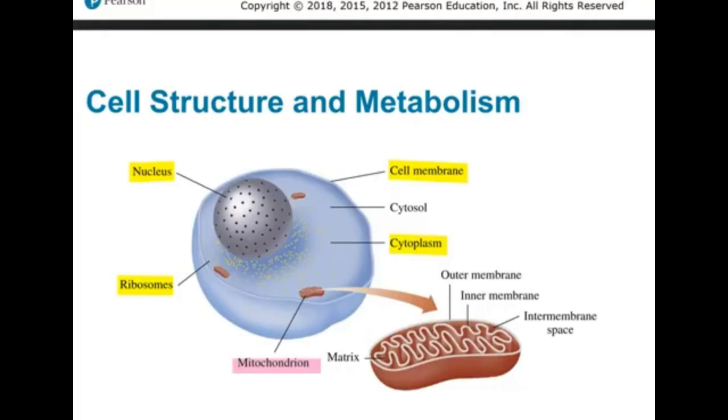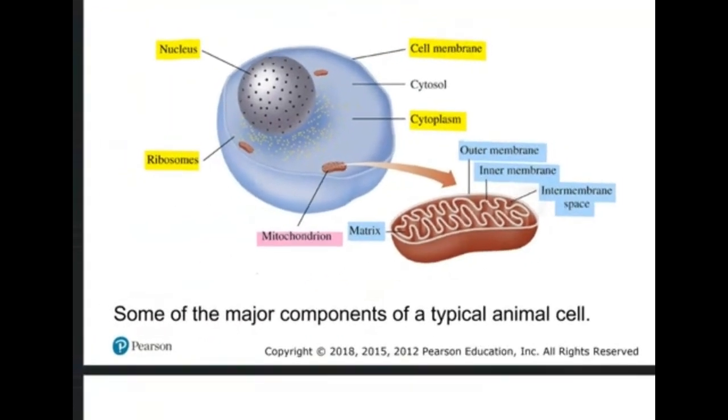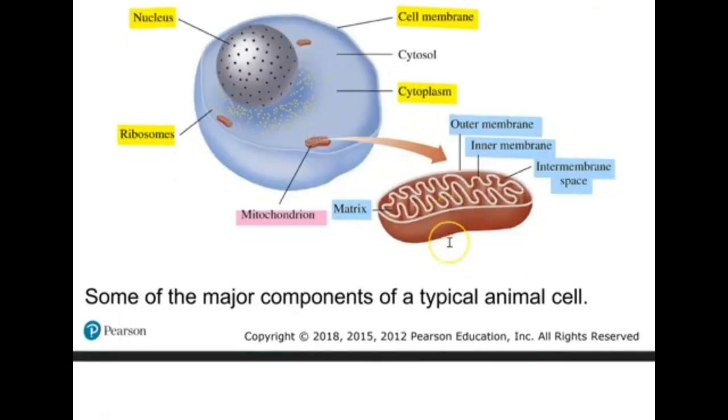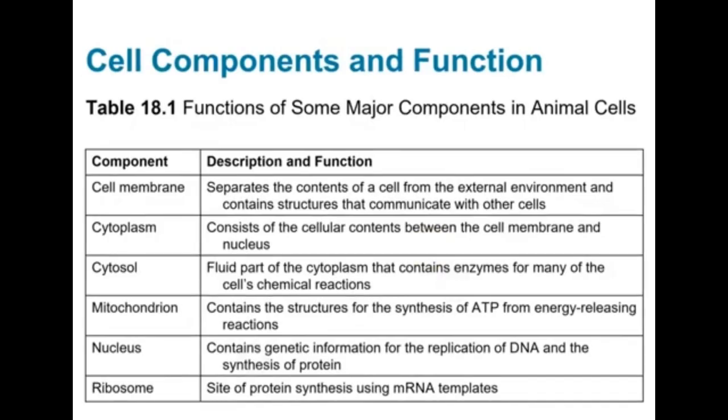Now, if you look at mitochondria closer, you will see that first of all, it has two membranes, outer and inner. There is a space between the membranes called intermembrane space, and within the bounds of the inner membrane is the mitochondrial matrix. Okay? So this is the list.